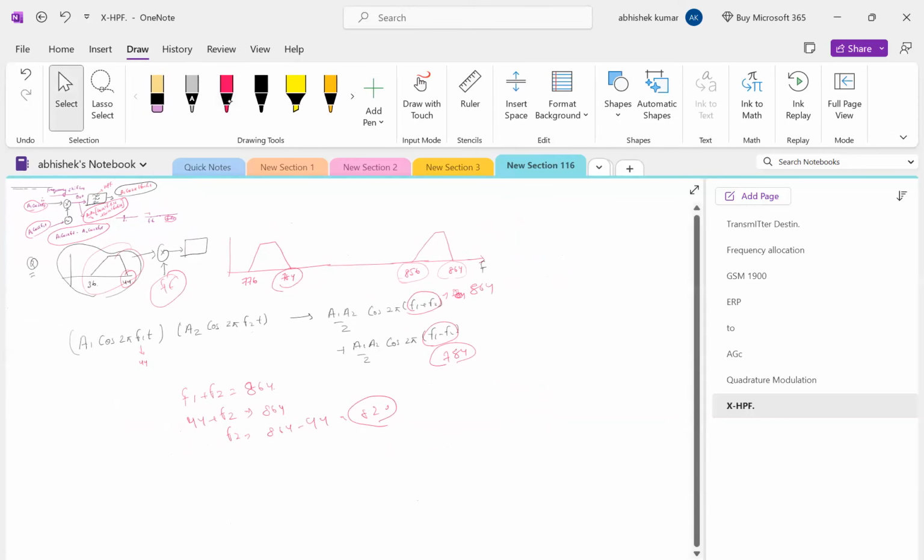Are you getting my point? So in this way, you should be in a position to answer this type of question: what are the different frequency components that can be achieved?